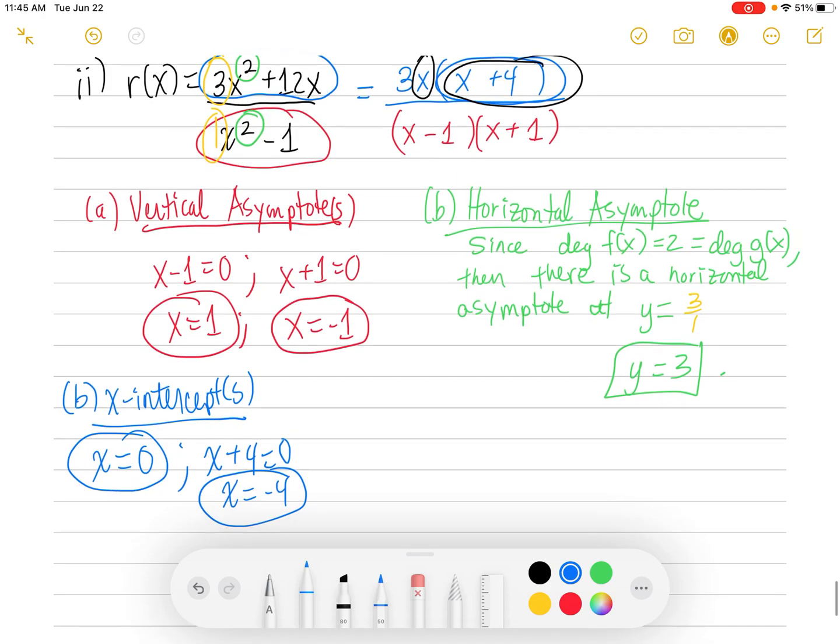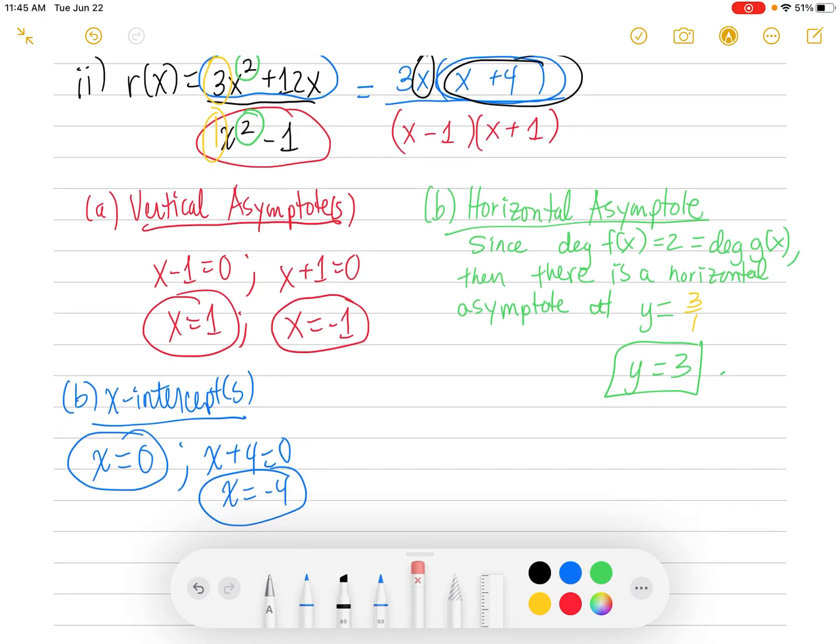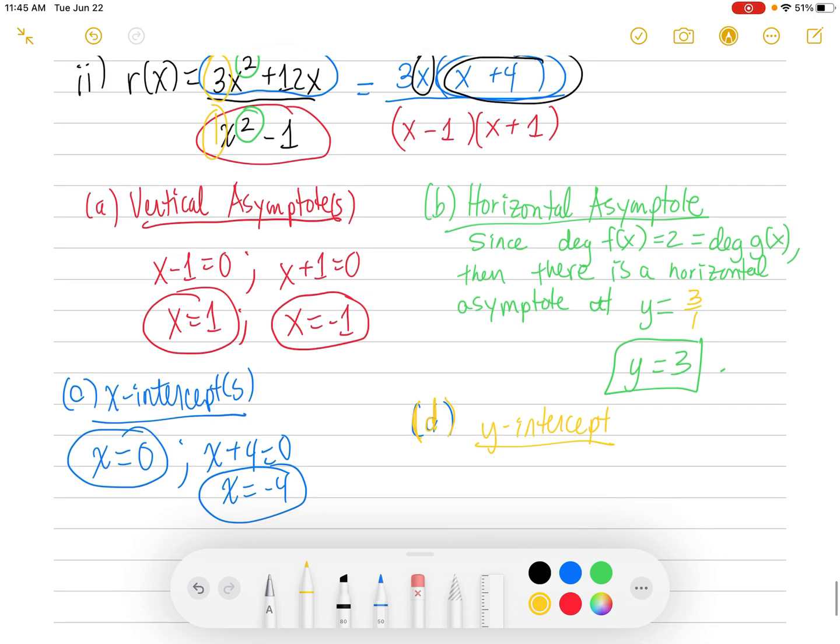Okay, so for vertical asymptotes, you set your bottom factors equal to 0. For x-intercepts, you set your top factors equal to 0. And that should have been a C rather than a B. Okay, now we want to do D here. So D, we're finding the y-intercept.